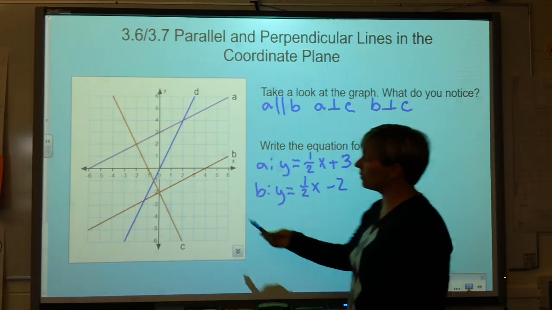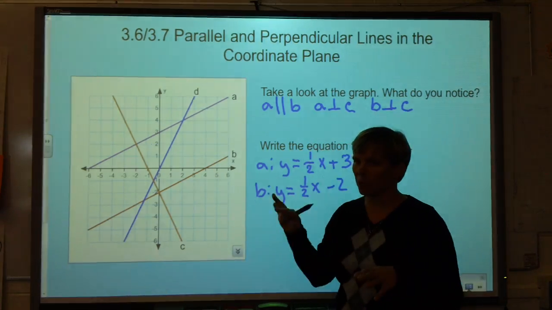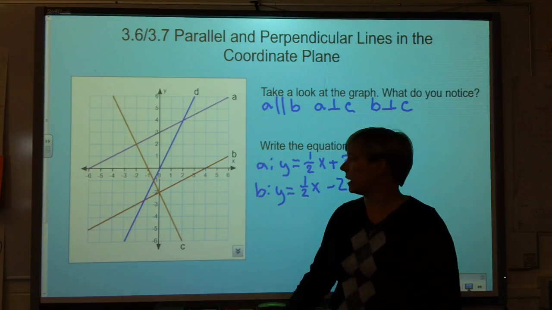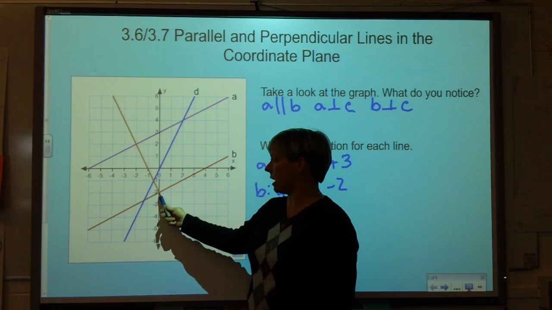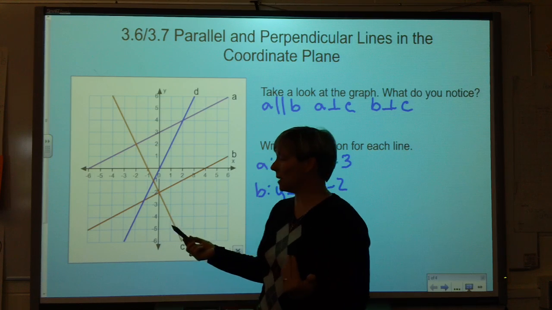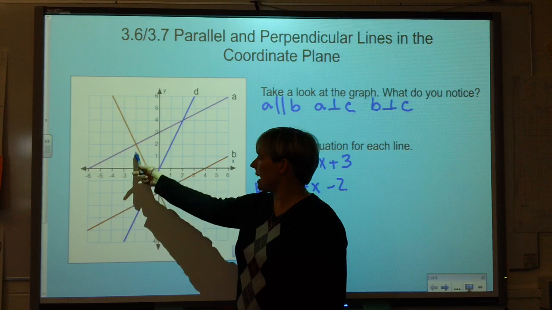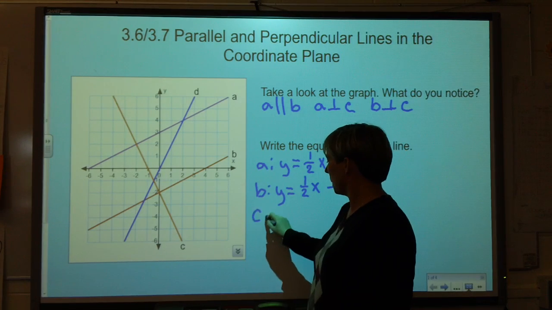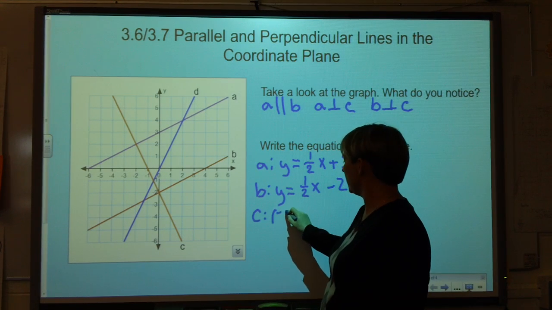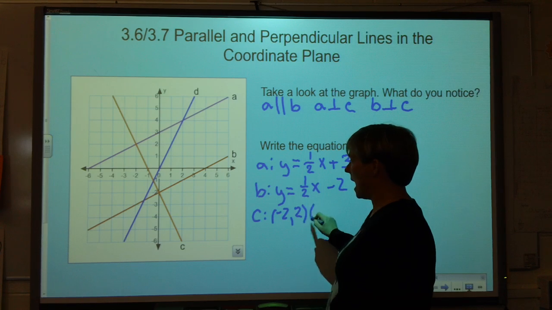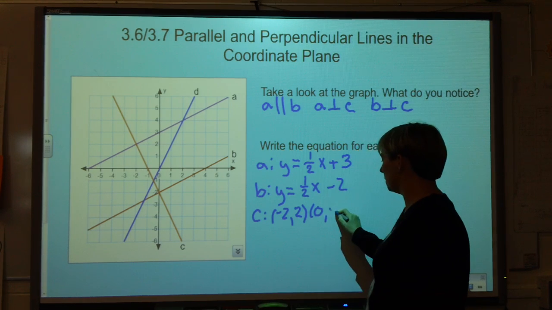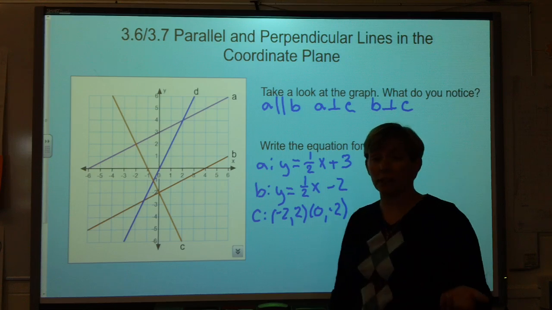Say for C, I really can't tell what the slope is. On this one you probably could, but let's say for a second we can't. I know my y-intercept is -2, but it's hard to tell my slope. So let's pick another point, say -2, 2. For C, I'm going to start with two points, -2, 2, and my y-intercept, 0, -2. I need to find my slope.